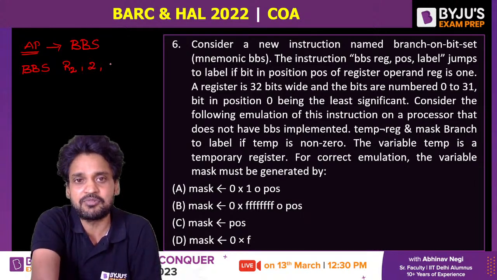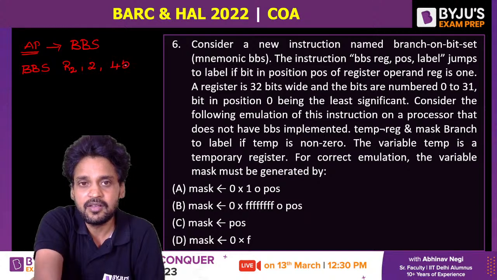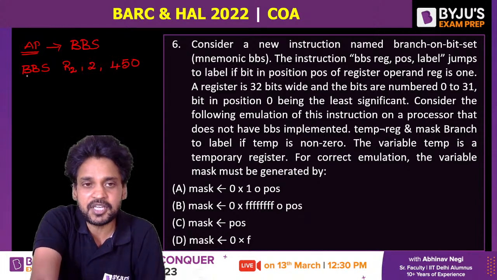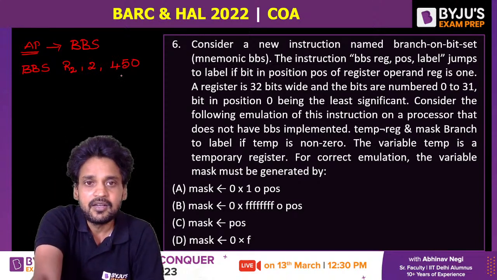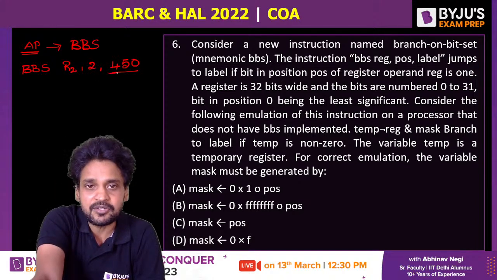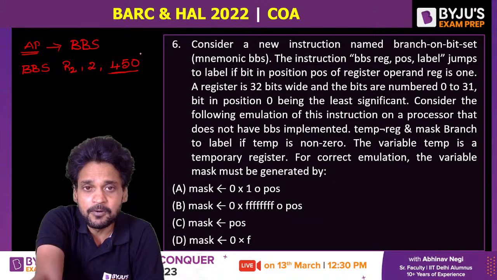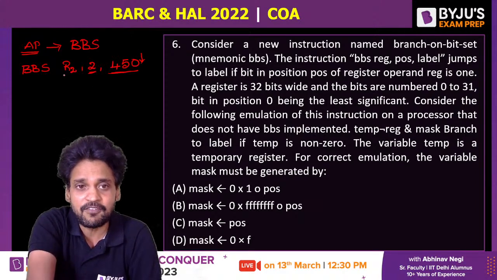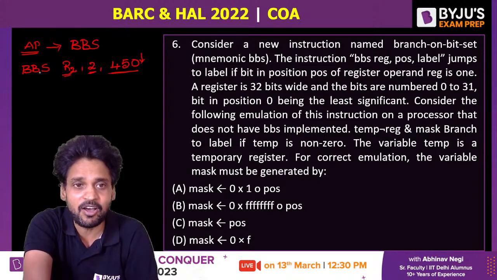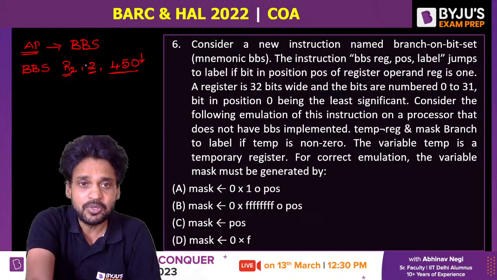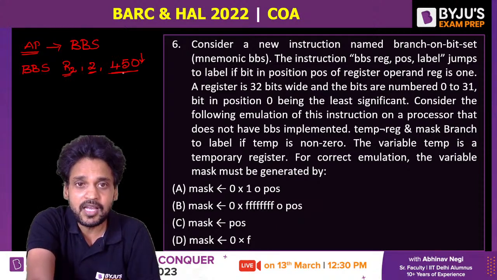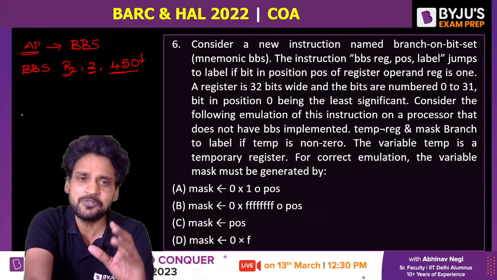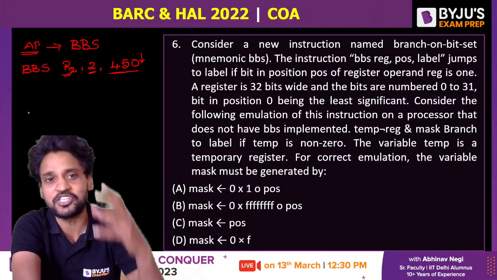If the current instruction is BBS R2, 2, 450, then 450 is the target address, and we will branch to the 450th location of main memory if the second position of R2 is 1. Branch on bit set in register 2: if the second bit is equal to 1, then we branch to 450. Otherwise, we don't branch. This is a conditional branch instruction.